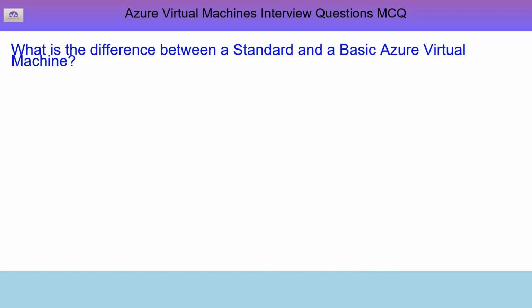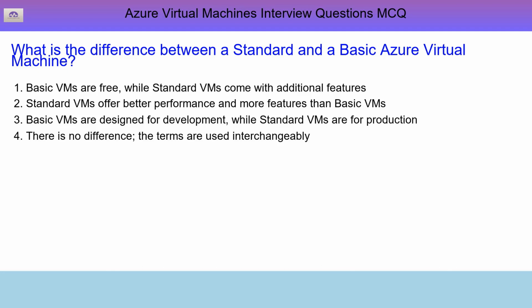What is the difference between a standard and a basic Azure Virtual Machine? Here are your options. 1. Basic VMs are free, while standard VMs come with additional features. 2. Standard VMs offer better performance and more features than basic VMs. 3.